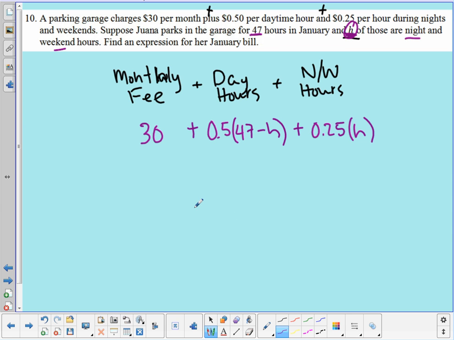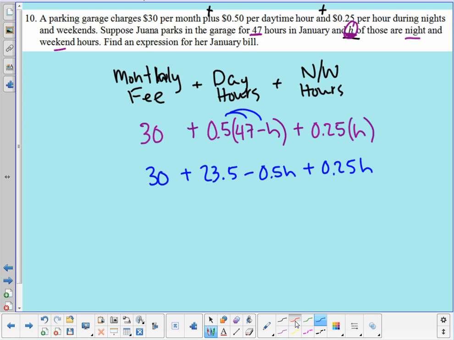All right, so there's my expression. Now I just need to simplify it. So again, I see some distribution that I have to take care of. That 30, I'm not doing anything with yet. 0.5 times 47 is 23.5. And then minus 0.5H plus this 0.25H.